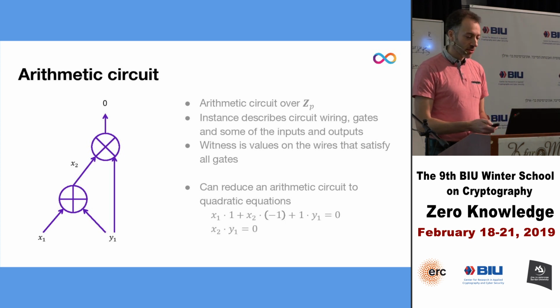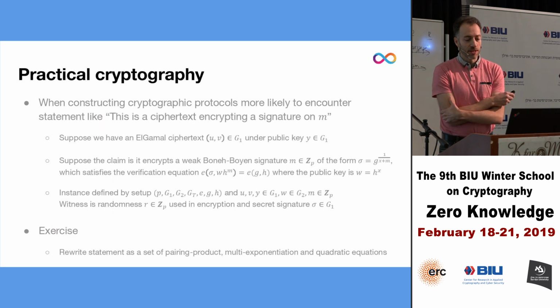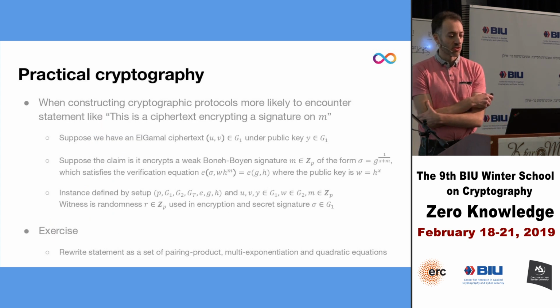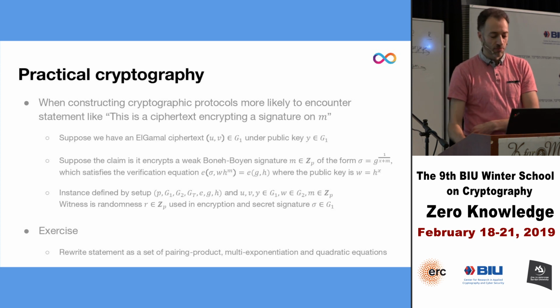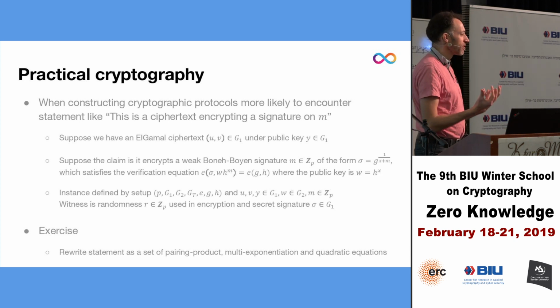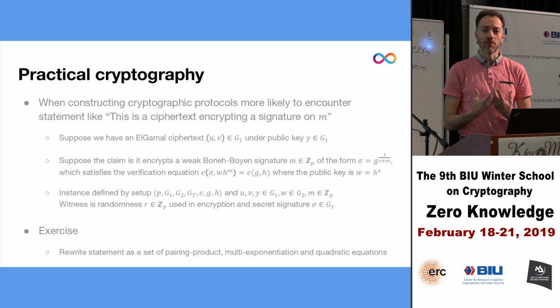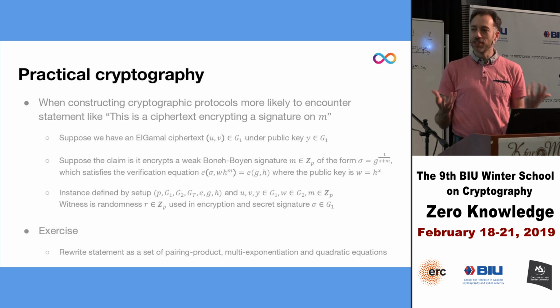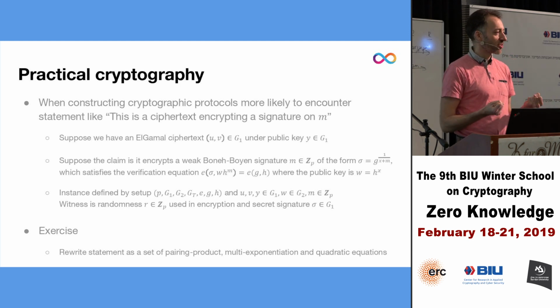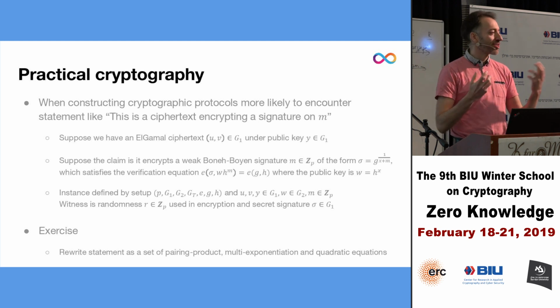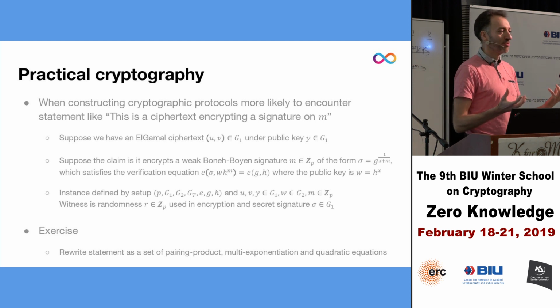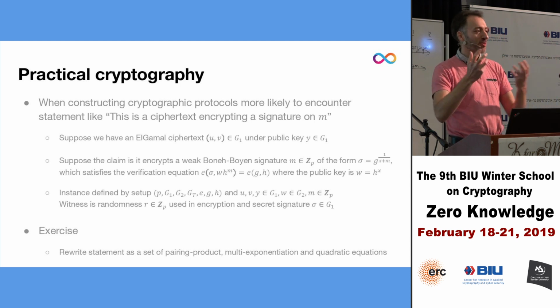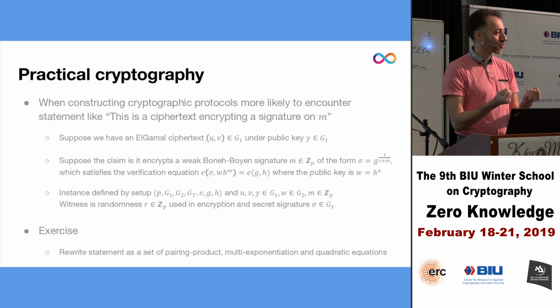But the real reason they're interesting, I think, is for practical purposes. When you're constructing a practical cryptographic protocol, you're perhaps not so much thinking about proving some general NP-complete statement. You have something much more concrete at hand. You're designing a group signature scheme or something like that, you have various cryptographic tools, and you want to prove something about these objects.